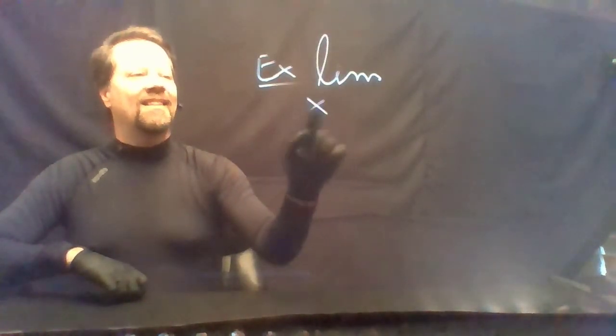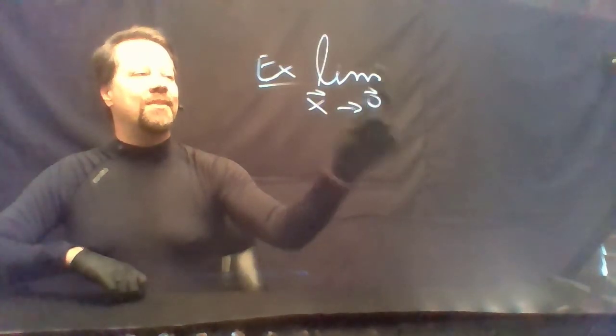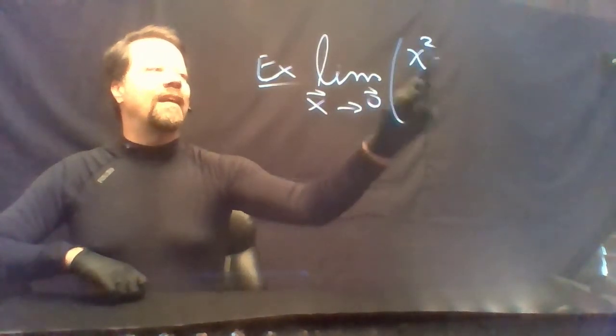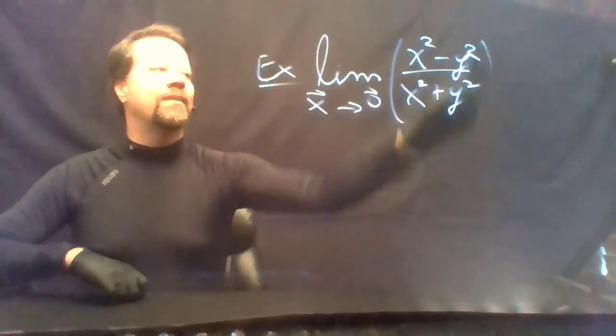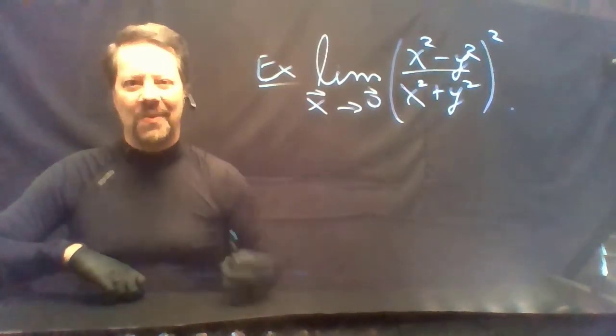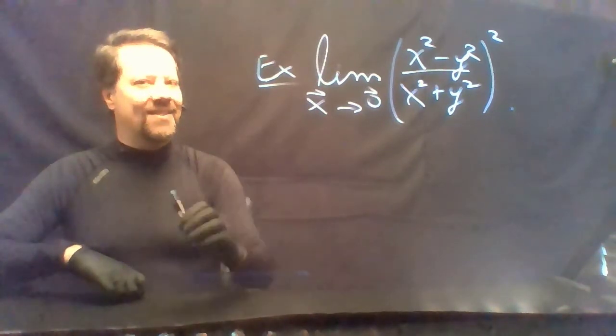I want to look at another little example. The limit as x goes to the 0 vector of (x squared minus y squared) over (x squared plus y squared), quantity squared. Let's try some paths.